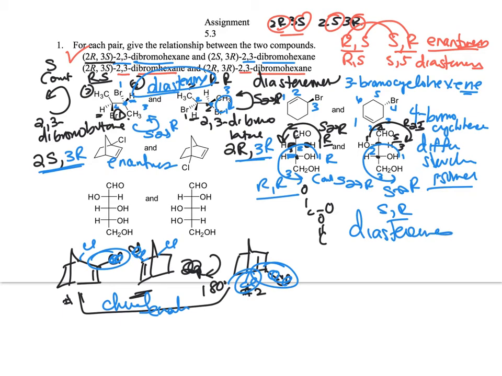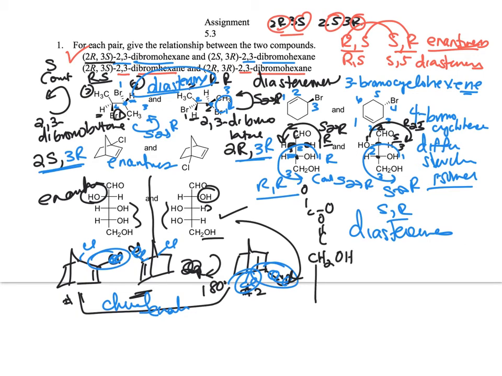Okay, and looking at the last one, these are mirror images of each other. So since these are mirror images of each other, they are going to be enantiomers. You see the OHs are on the opposite side here. If you were to rotate this one, when you're doing Fischer projections, what's on bottom becomes on top.